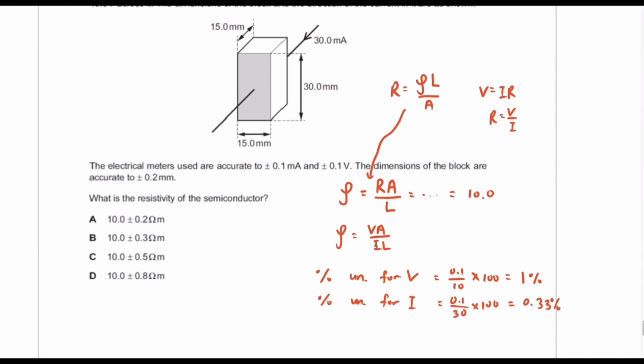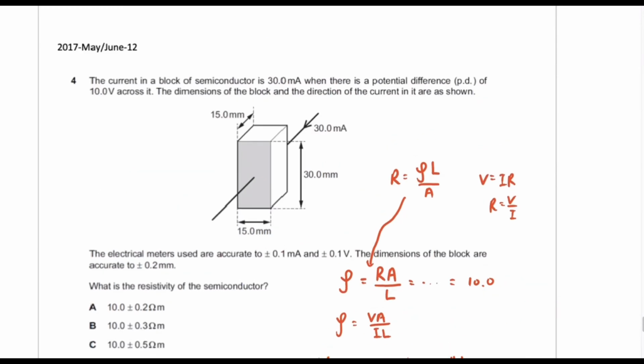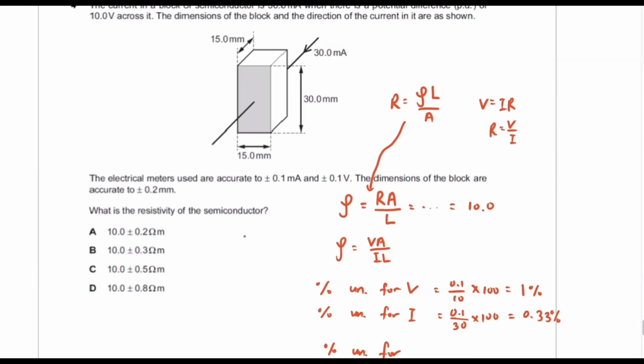So we have the area and the length. Okay, so we count the percentage uncertainty for the length. It's given that the length is plus minus 0.2.